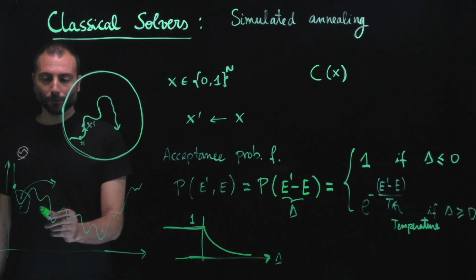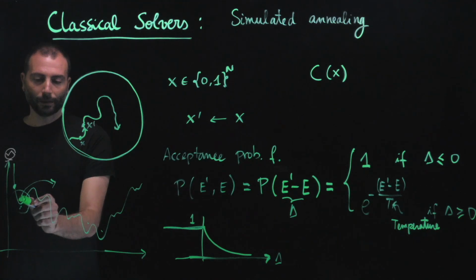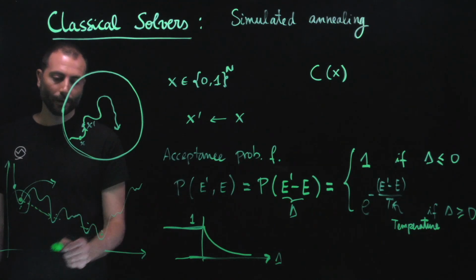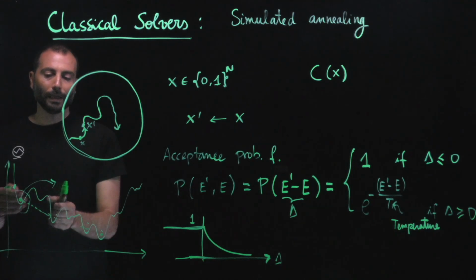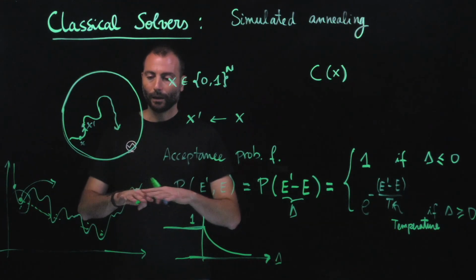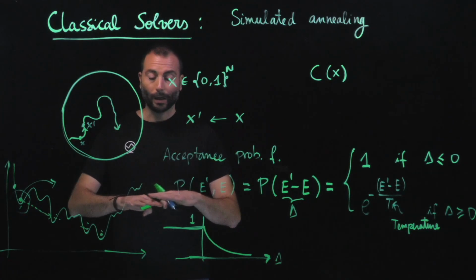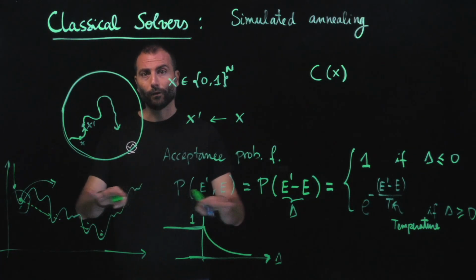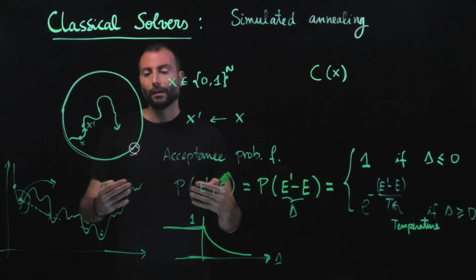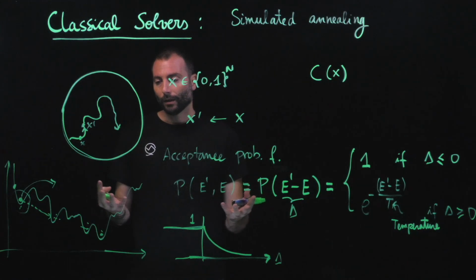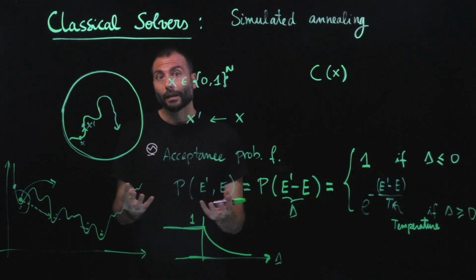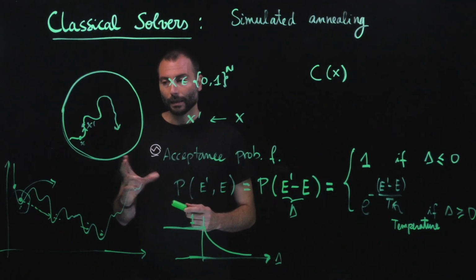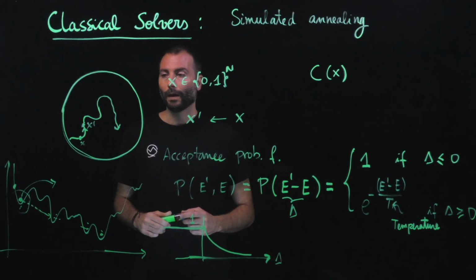In quantum annealing, we will see that the idea is that we will tunnel to other configurations. It's not that we start in some particular place. We will see that in quantum annealing our initial state will be completely spread over all the configuration space, and the process of annealing will be, let's say, shrinking the wave function until we find the final state. But there is this connection between these two methods.